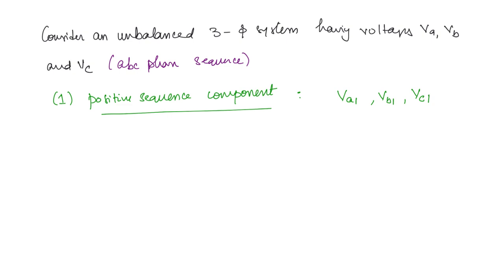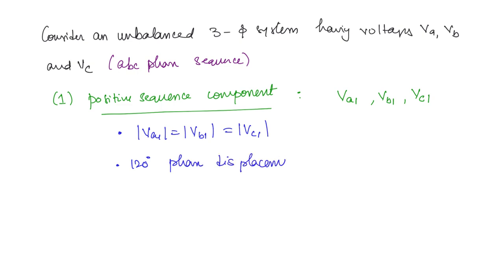Because they are balanced, they have equal magnitude, so mod VA1 is equal to mod VB1 is equal to mod VC1, and they have 120 degrees phase displacement with respect to each other. These two are given because these are the conditions for a balanced system.